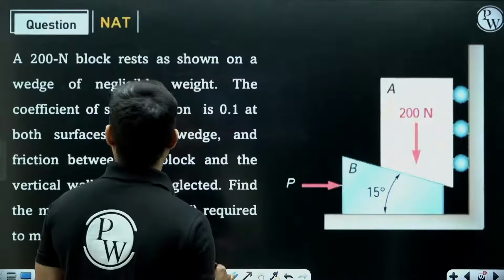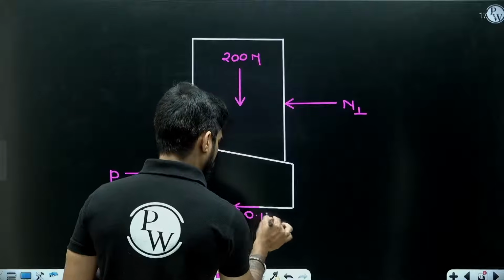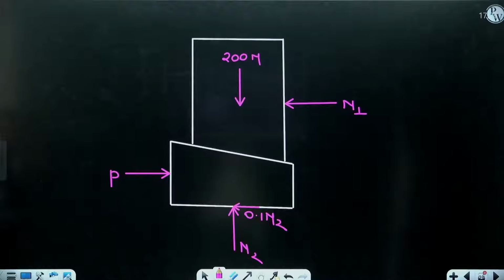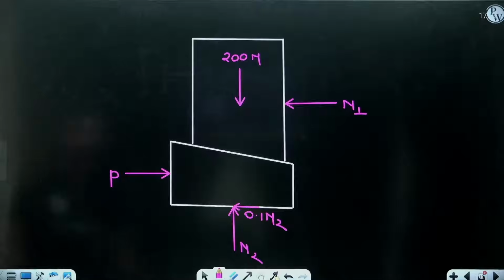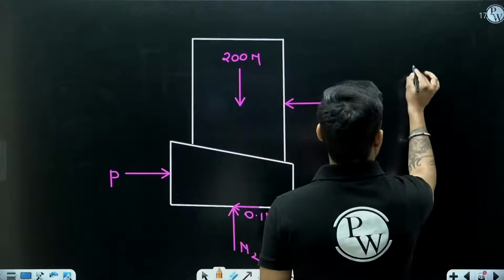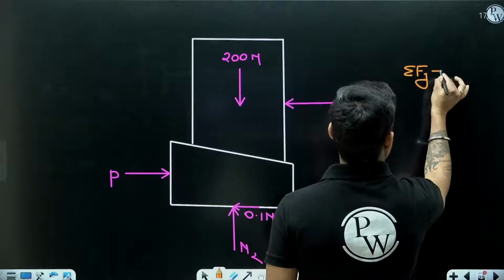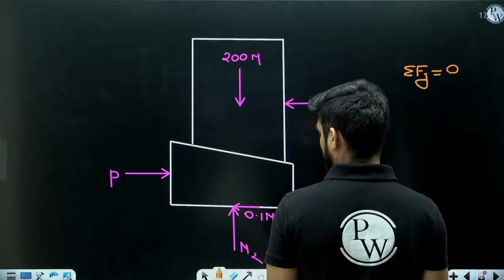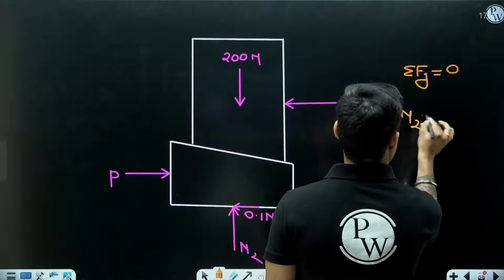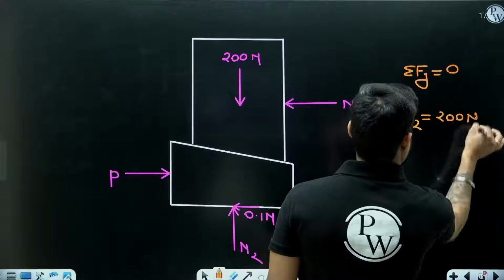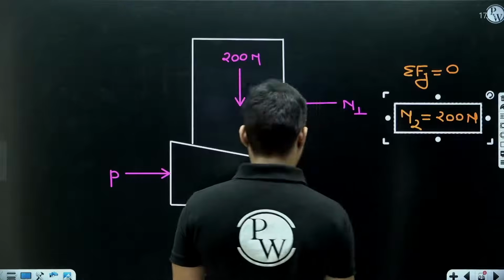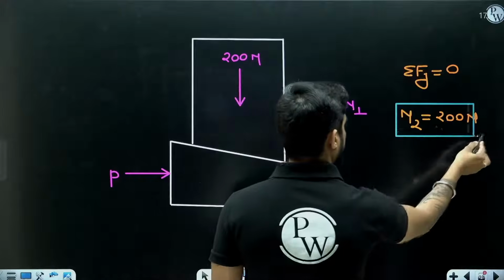What is mu? 0.1. Okay. Now here, if I apply summation of Fy equal to 0, I will get N2 equal to 200 Newton, right? N2 is equal to 200 Newton here.